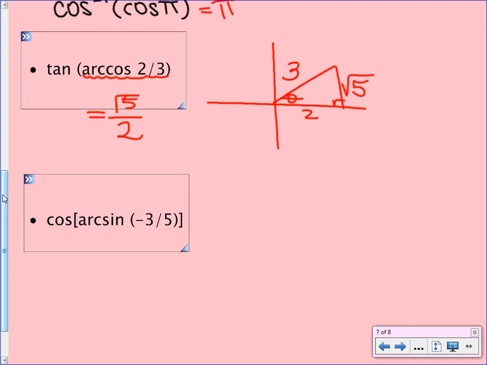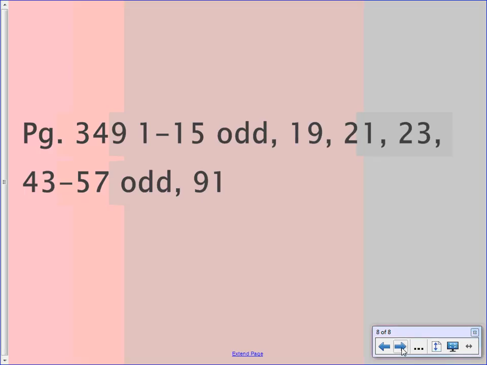So we have to draw a triangle in the 4th quadrant, and then we could get our third side and evaluate the cosine ratio. The third side is 4, so it would be 4/5, and it'd be positive since it's in the 4th quadrant and it's cosine.